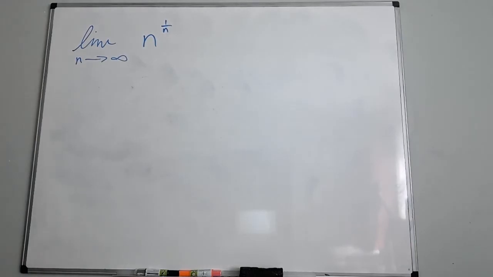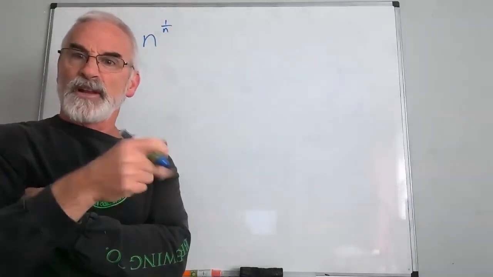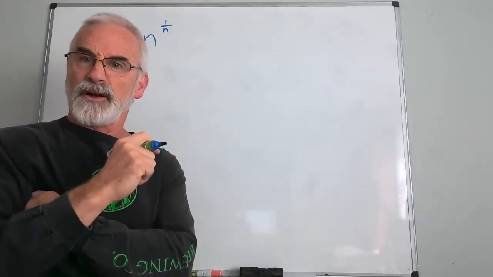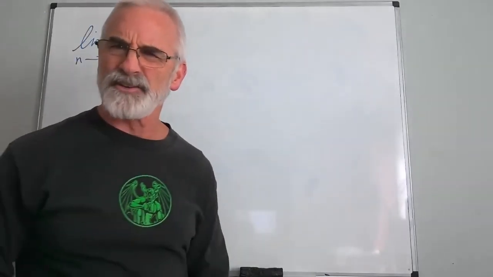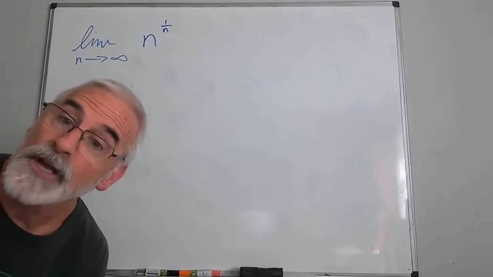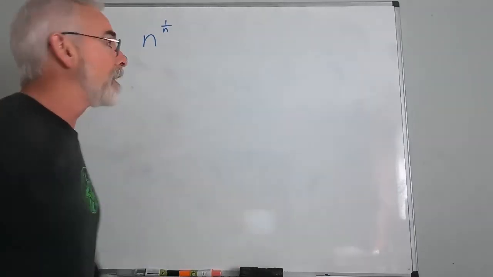That's not one you see a lot of. If I had 2 to the 1/2 power, that'd be the square root of 2, cube root of 3, 4th root of 4, 5th root of 5. That's not one that you probably run into. I want to prove this, and I'm going to prove something else so that you never have to prove it again, so that you can use this result forevermore.